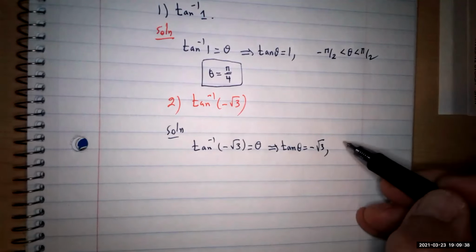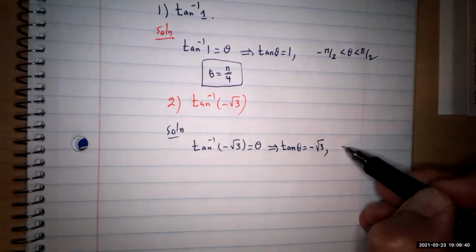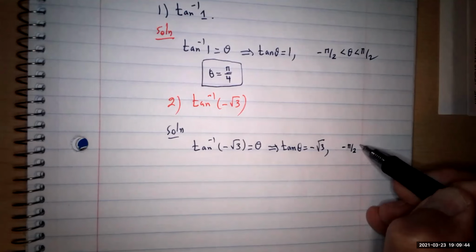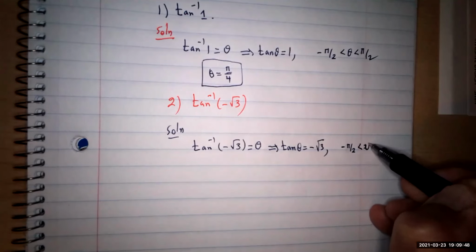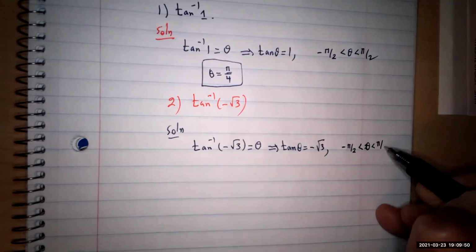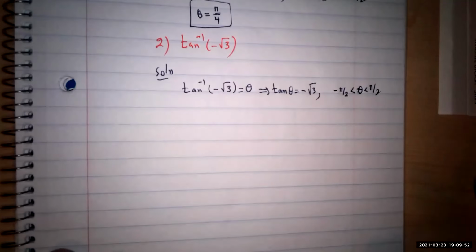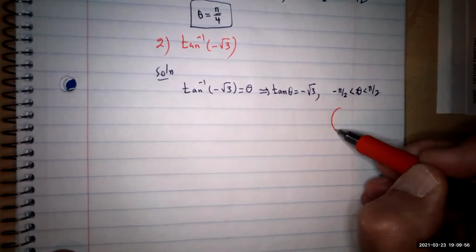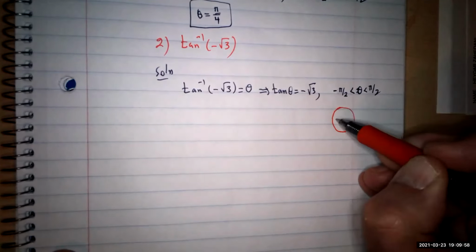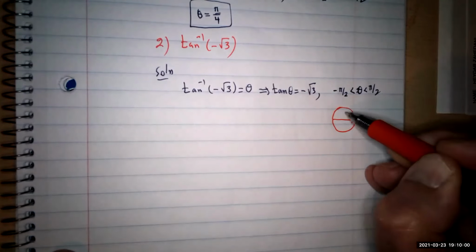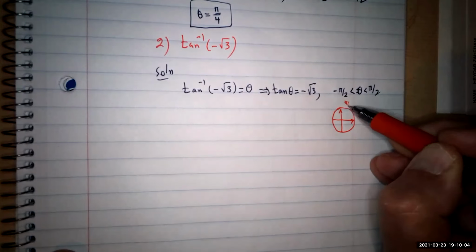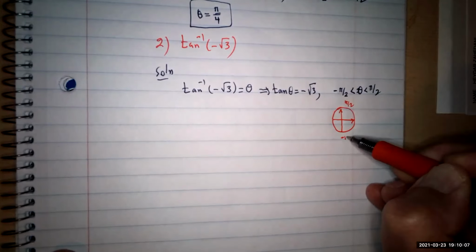and you are going to be between negative pi half and pi half. You see, theta is going to be in this interval, so you've got to be careful to pick that number. This is the situation you're going to have: pi half and negative pi half.